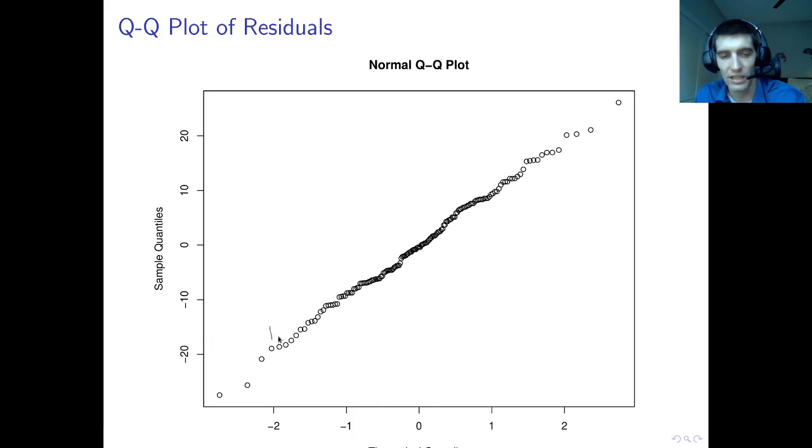So this is like 10, 11, 12. It doesn't have to count by whole numbers, but the idea is that as we increase the quantiles, we should see that the relationship between the sample quantiles and the theoretical Gaussian quantiles should be approximately linear. And it is approximately linear here, and so we say it's reasonable that the third assumption, that Gaussian error assumption, would hold.